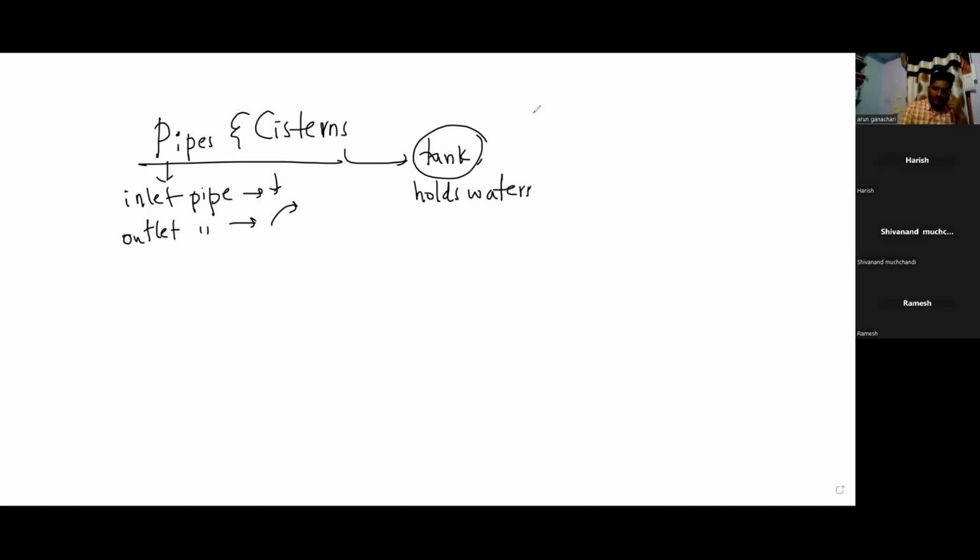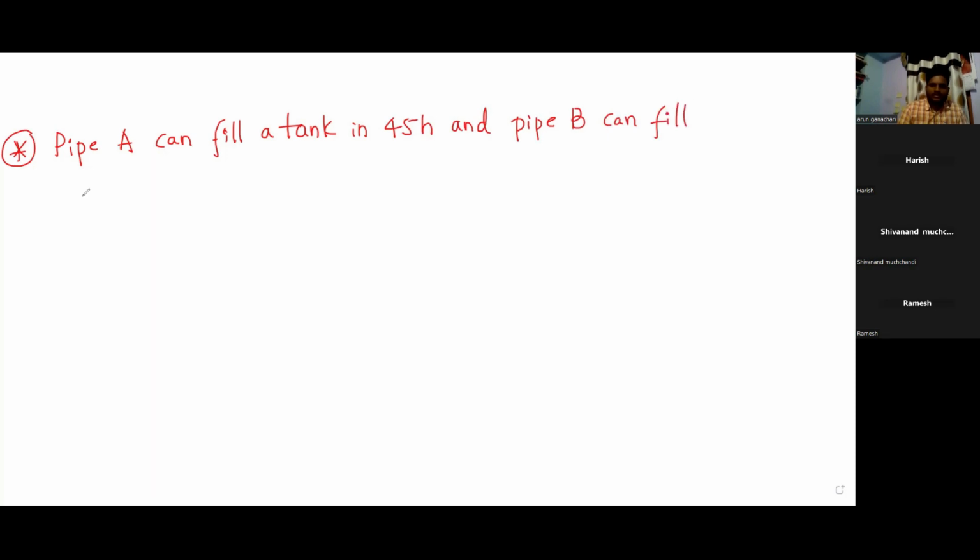So let's start with the example itself. I think you can manage this. Take the example. Pipe A can fill a tank in 45 hours, and pipe B can fill it in 36 hours.